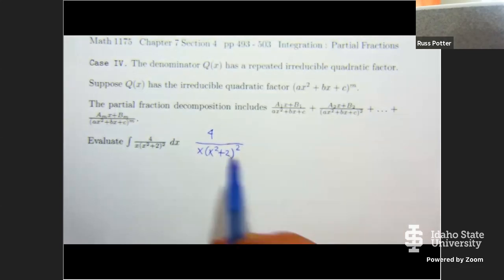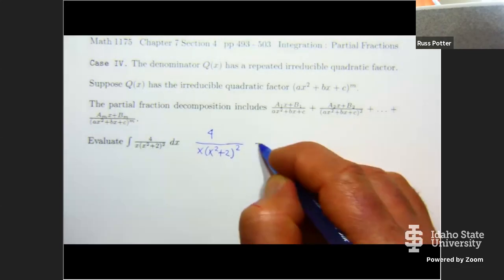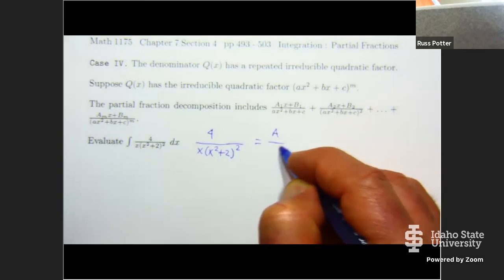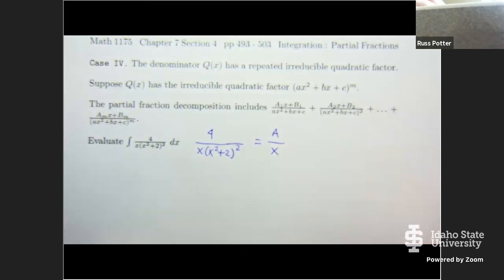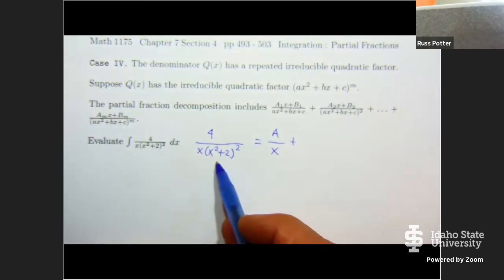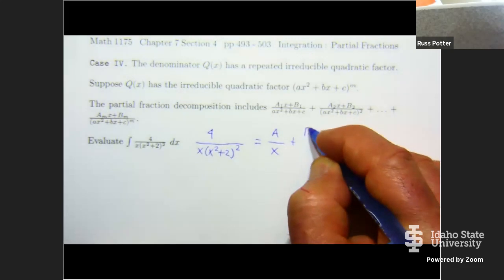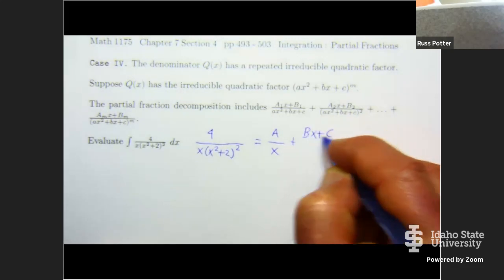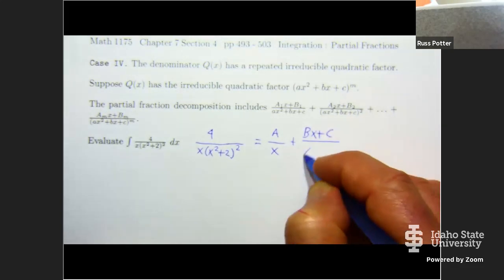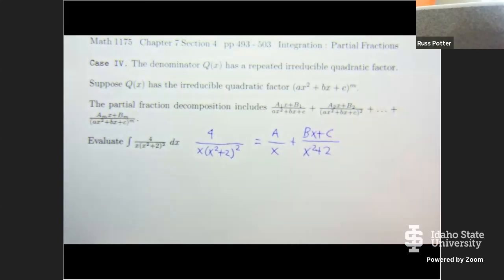We have a linear factor x, so we'll write A over x. And then the irreducible quadratic factor x squared plus 2: in the numerator, we'll have Bx plus C over x squared plus 2 to the first, or just x squared plus 2.